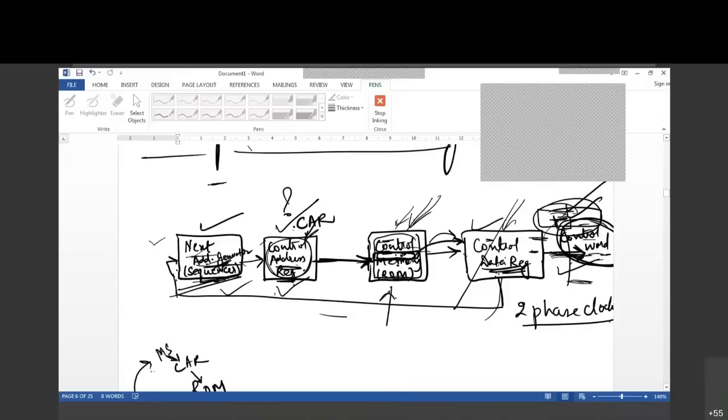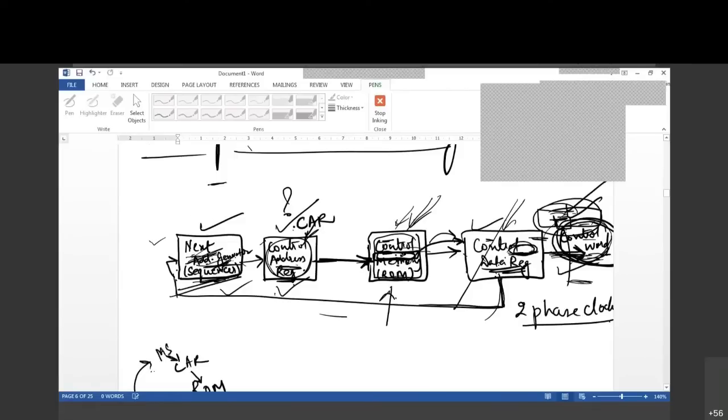Okay. This instruction would be converted to a control word, and the instruction would get executed. Side by side, some bits from the instruction itself are used for generating the next address. So for the next address, data is passed from the control data register to the next address generator.